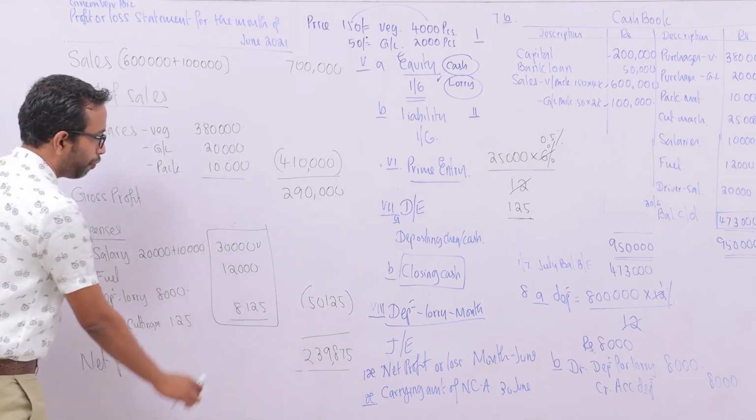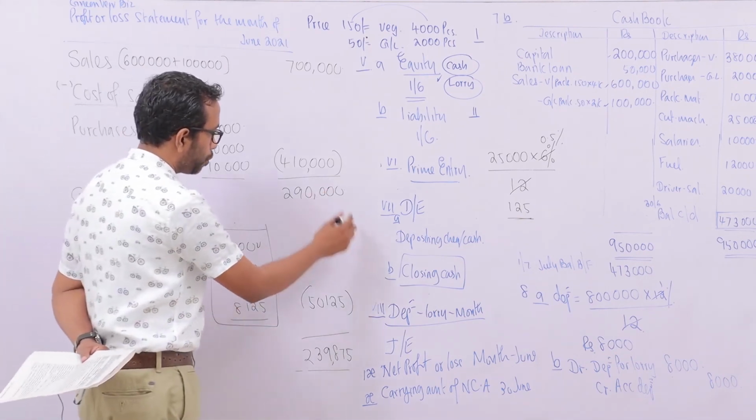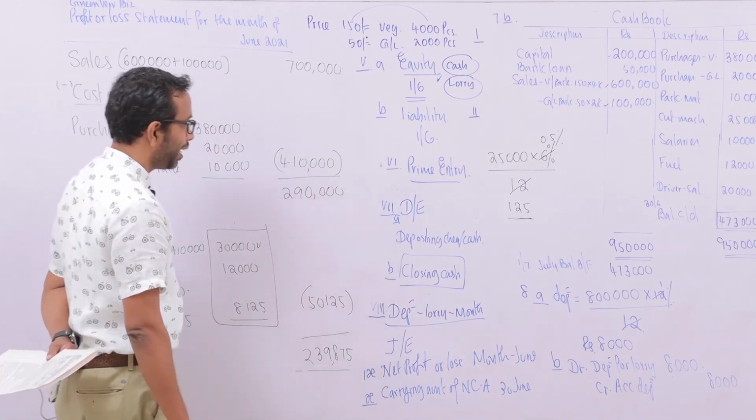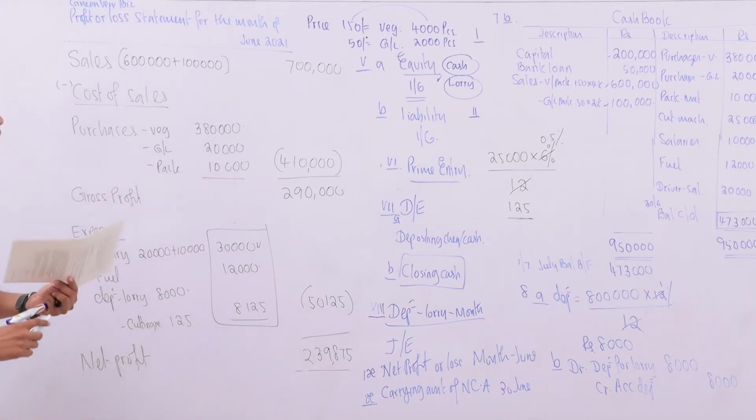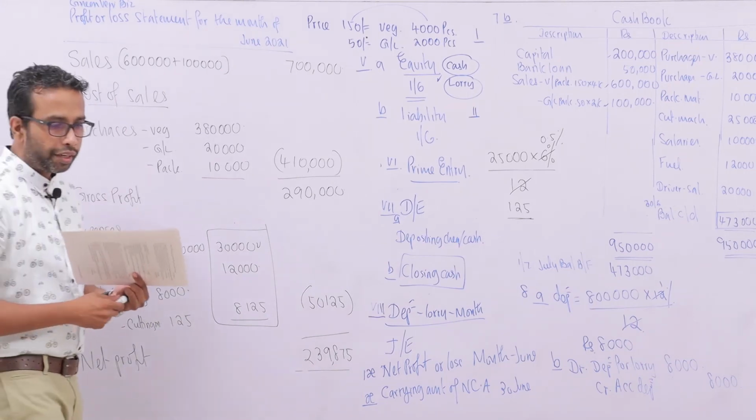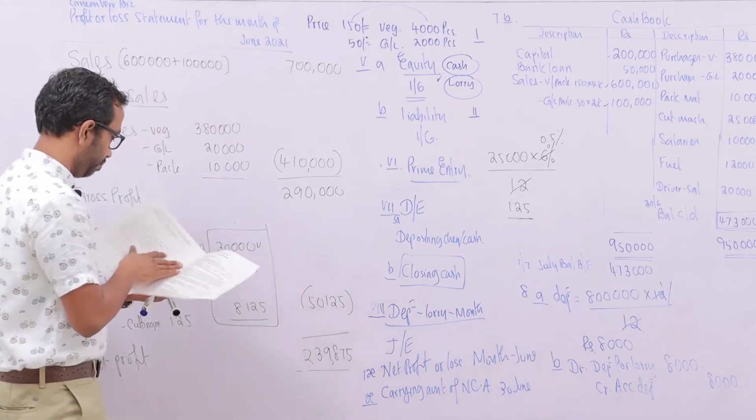So, this is 50,125. The difference is 239,875. Clear? We will come to the last point here.